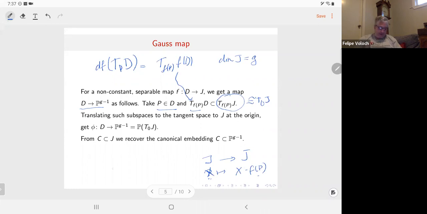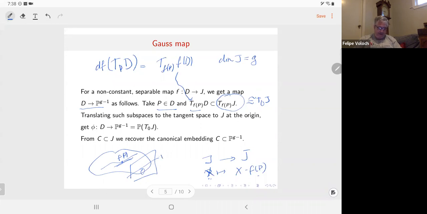So maybe I'll draw a picture. I have this Jacobian. I have a curve inside the Jacobian. I have a line, and the line is a tangent line at f of P. But I want to translate the line to 0, so it becomes a line through the origin.